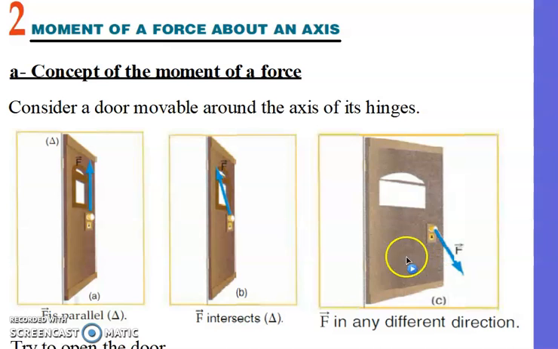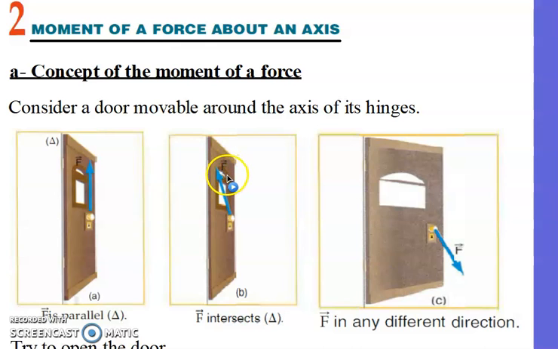Good. So in this case, when the door rotates around the hinge, we say that F has a moment with respect to delta. Why? Because the door rotates under the action of F. That's the concept of the moment of a force. When the force F is either parallel to or intersecting delta, the door or any other body does not rotate.